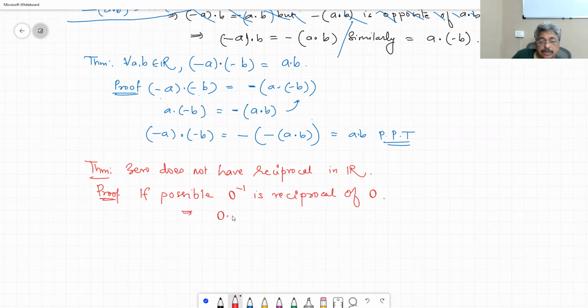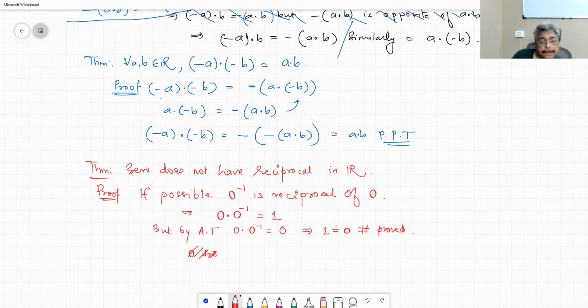This implies 0 into 0 reciprocal is equal to 1. But by the annihilation theorem, 0 into 0 inverse is equal to 0. This implies 1 equals 0. Contradiction. So 0 does not have a reciprocal. Proof.